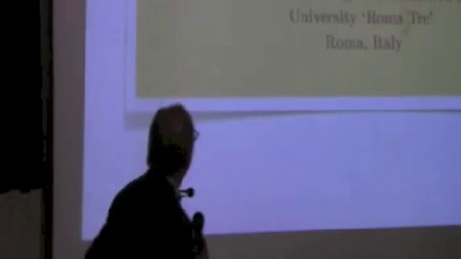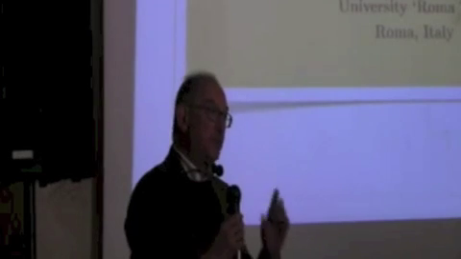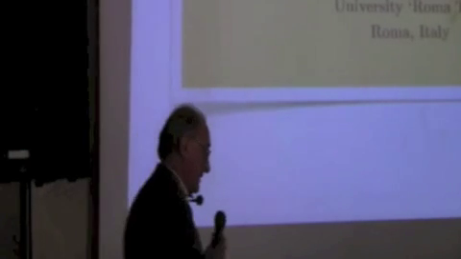So anyway, in this talk I want to present and discuss a procedure in order to derive a 1D model for a plate-like body, that is starting from the Koiter shell theory.